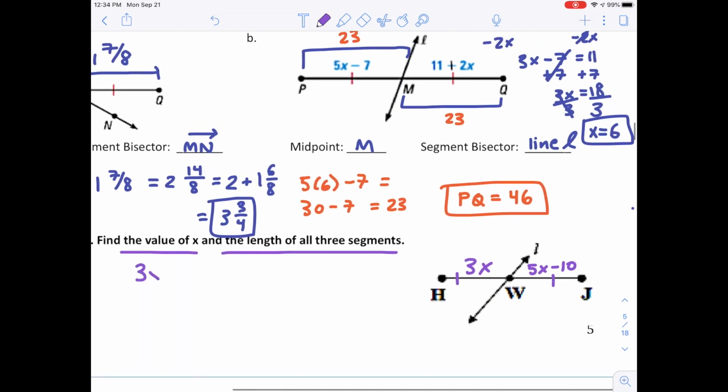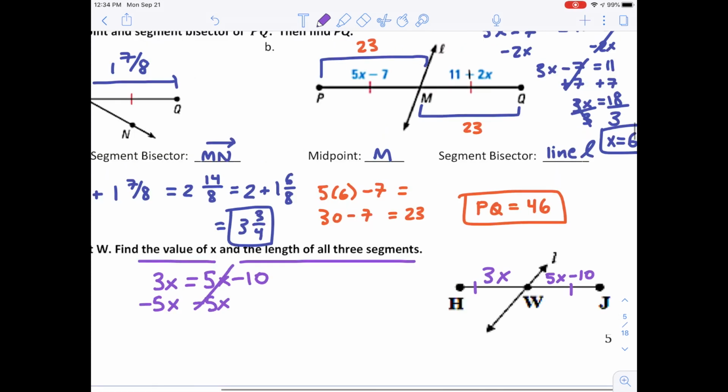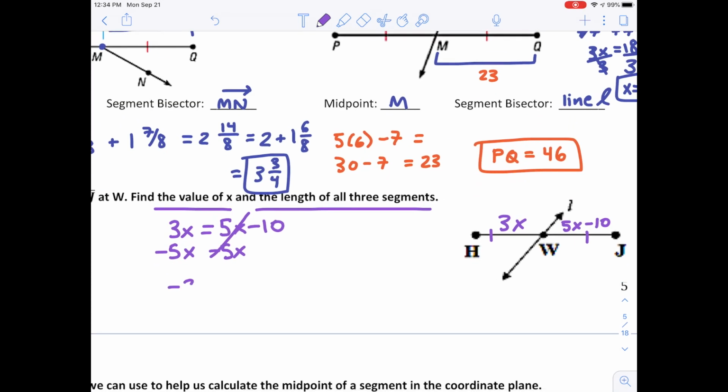So I have 3x equals 5x minus 10. I want to get all my variables on one side. I'm going to subtract 5x from both sides to move everything to the left. So I get negative 2x equals negative 10.